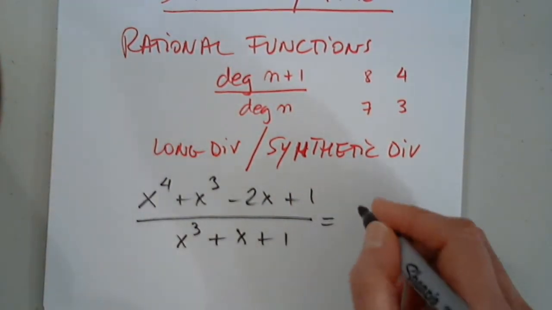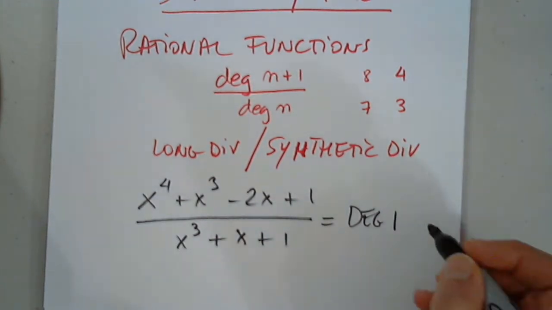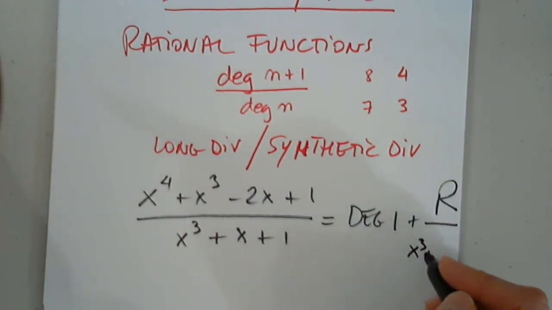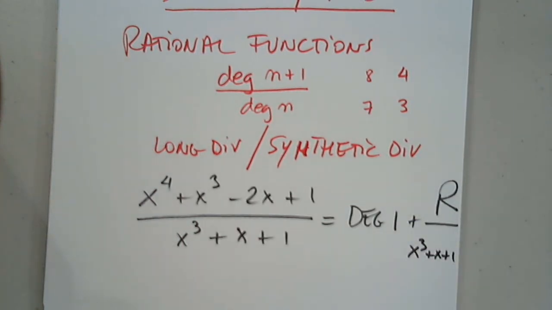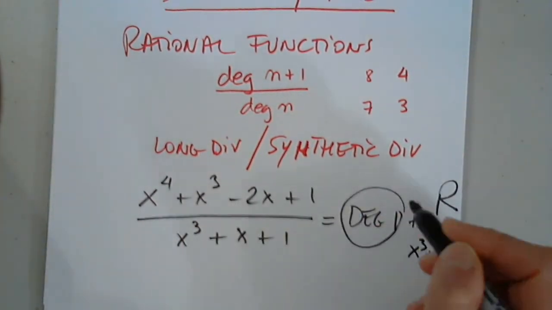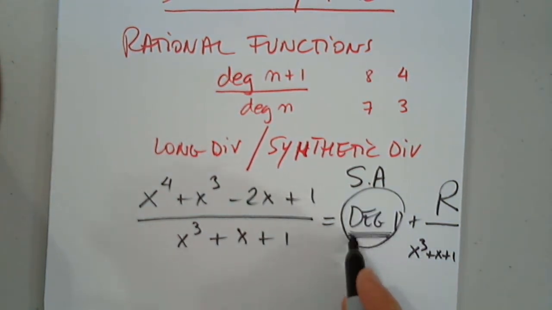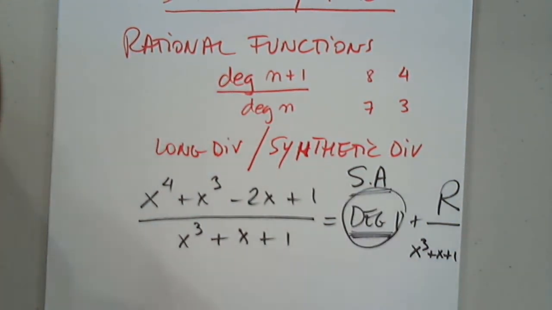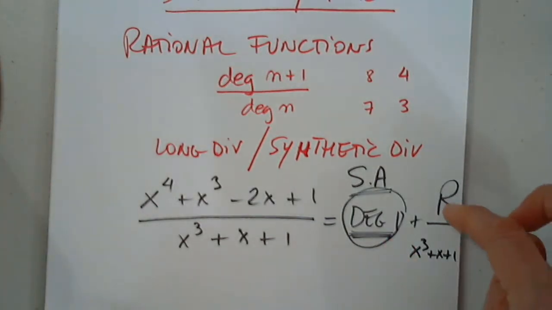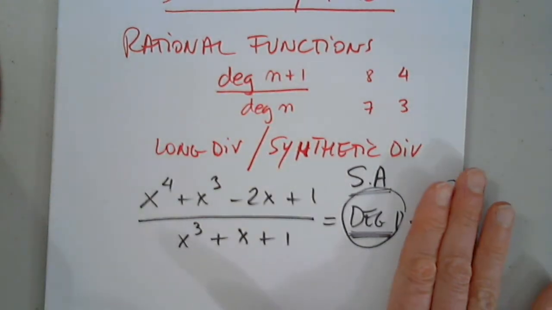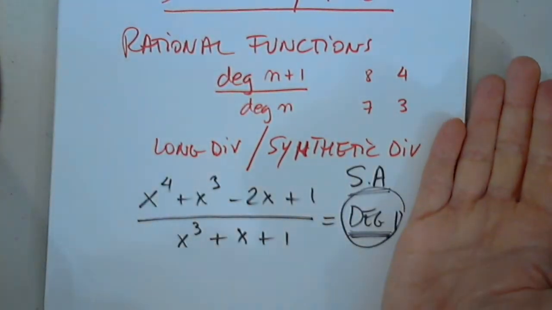So the answer must be degree 1 plus some remainder over this. This degree 1 quotient is the slant asymptote. Why? Because at infinity or -infinity, the remainder is a degree lower than the divisor, so it will go to 0. That's why it is non-important.